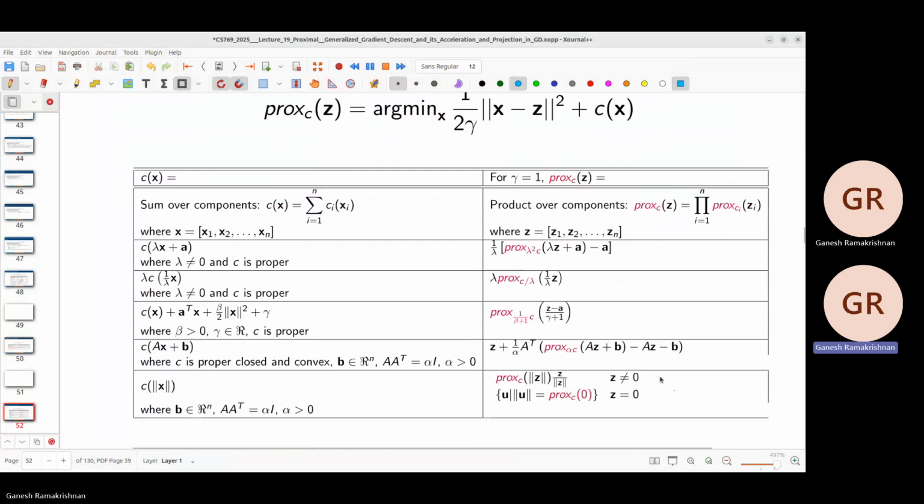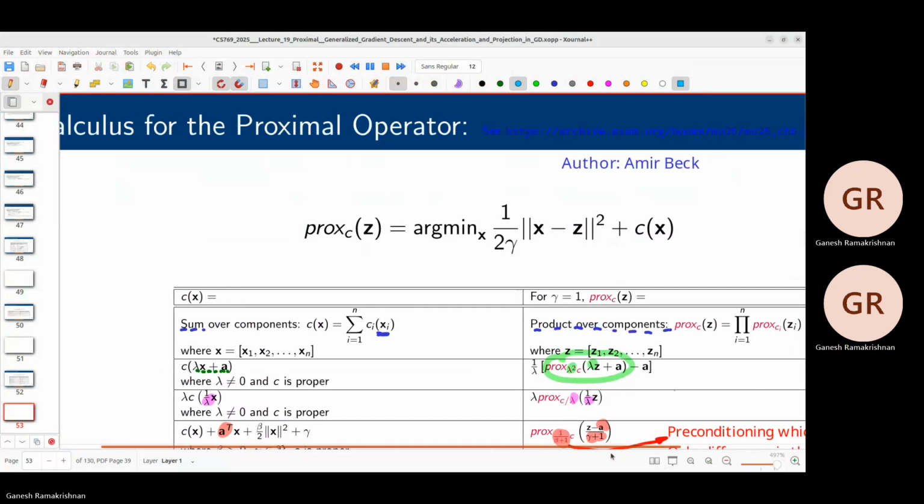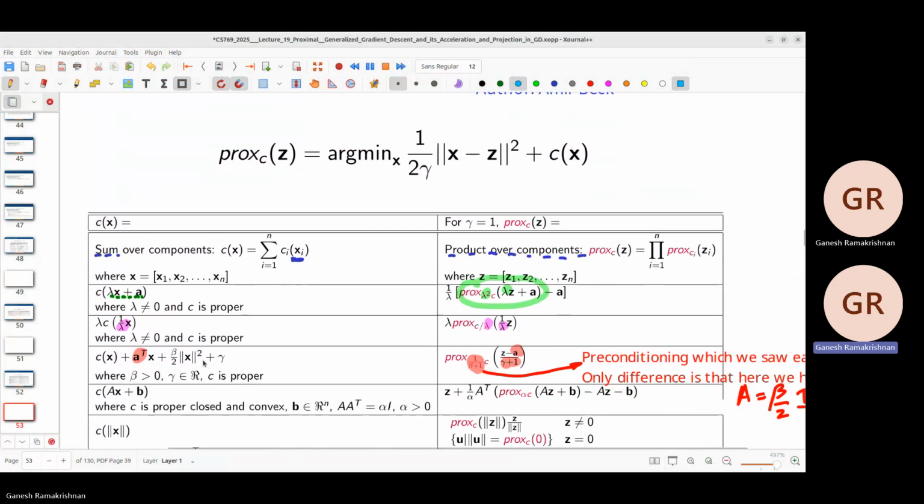Okay, so each of them can take a lot of time to discuss. What I've done is I've also made some annotations here. So some of this we discussed. Look at this. When you have Cx, you're adding A transpose x, and so on.